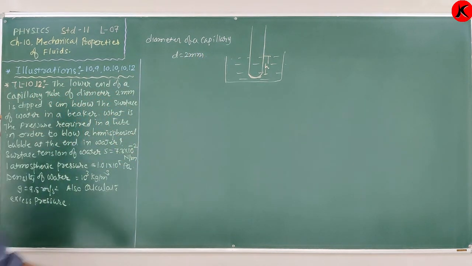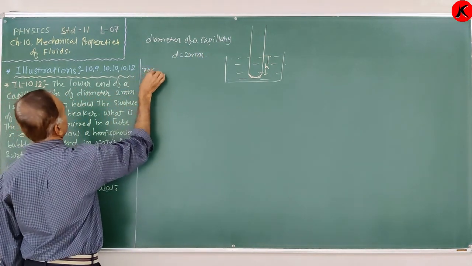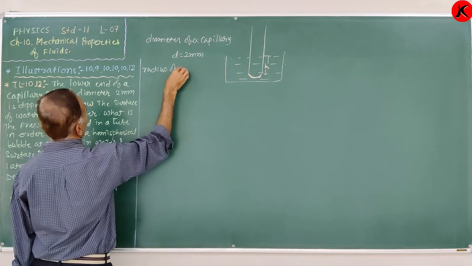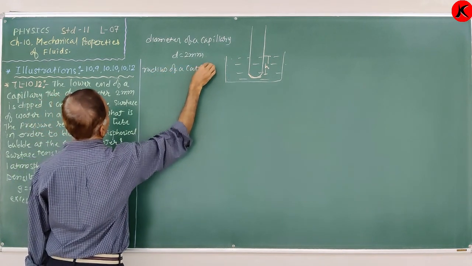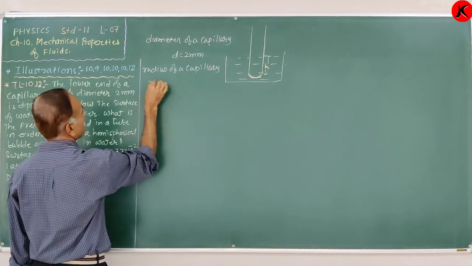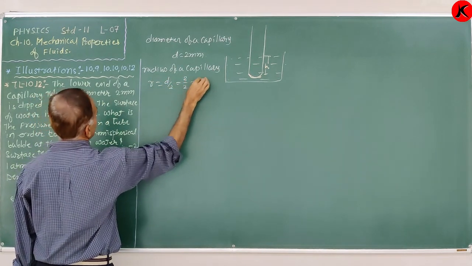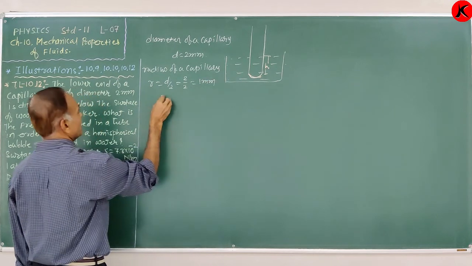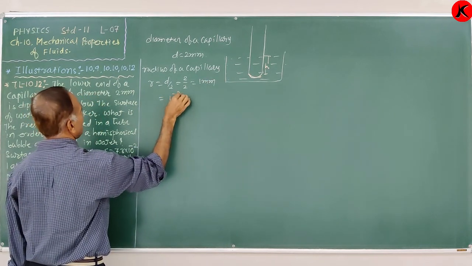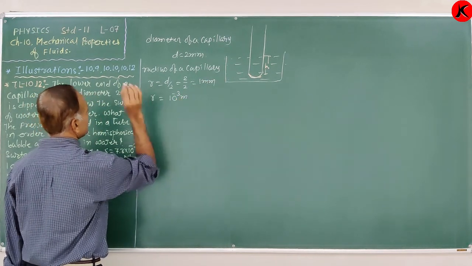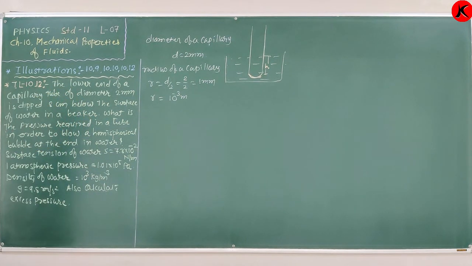Therefore, radius of a capillary R is equal to D by 2. That means 2 by 2, that means 1 millimeter. Convert into meter, 10 to the power minus 3 meter. That is the radius of a capillary.